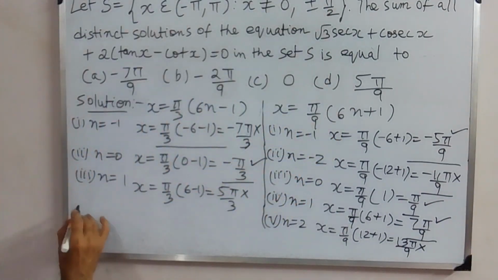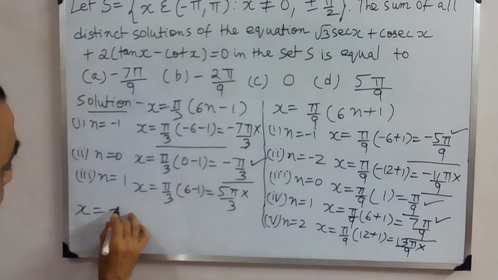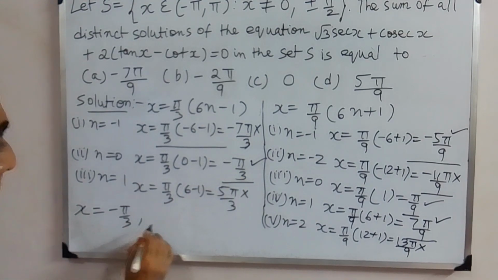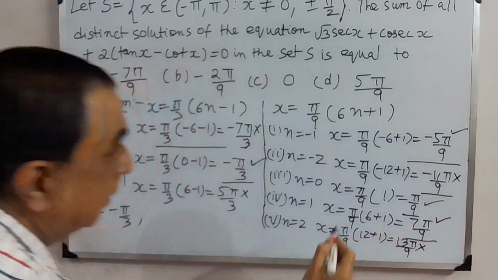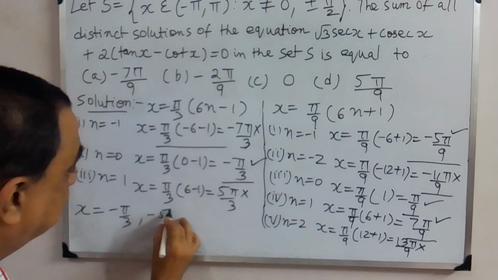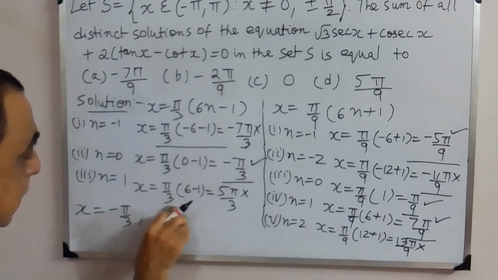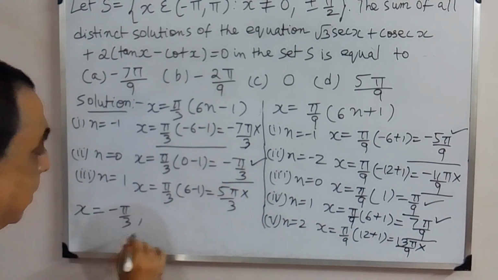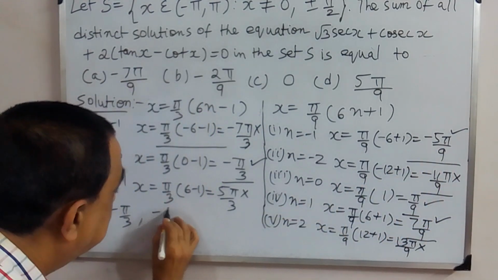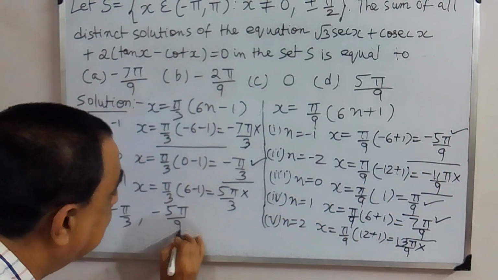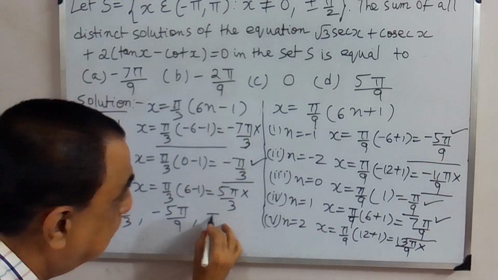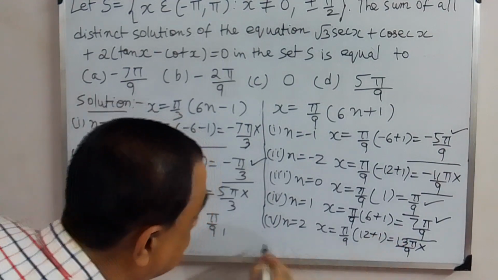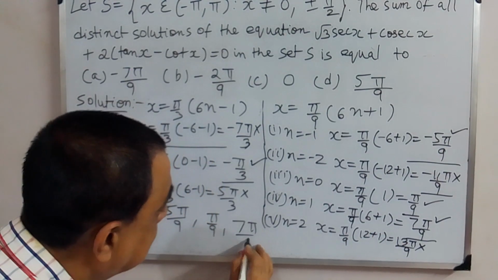So what are the total values of x? From here we have got minus pi by 3, only one, and from the other side we have got minus 5 pi by 9, pi by 9, and 7 pi by 9.